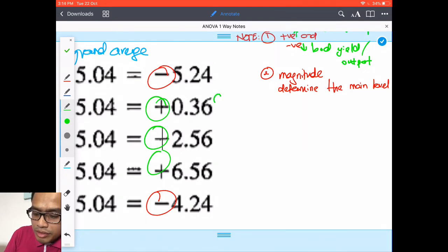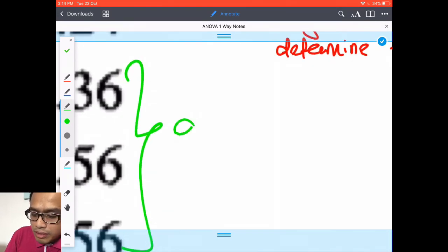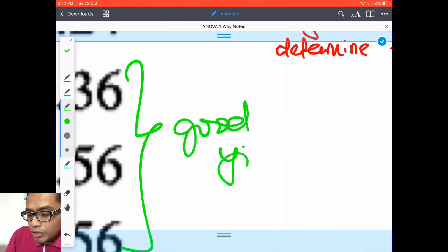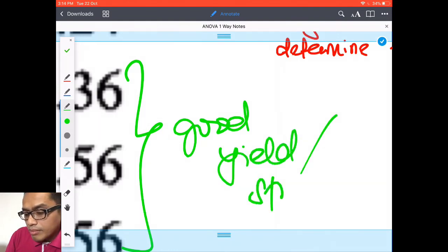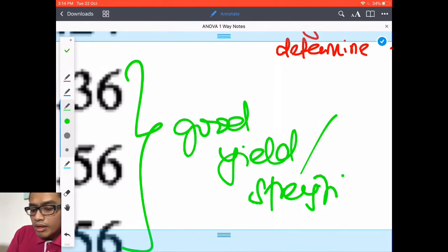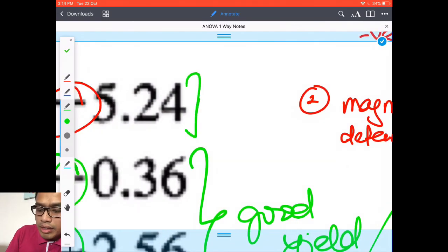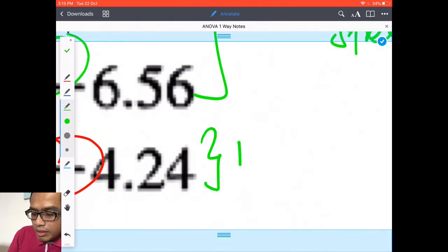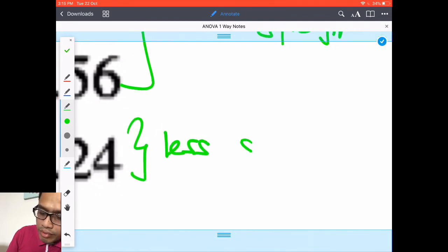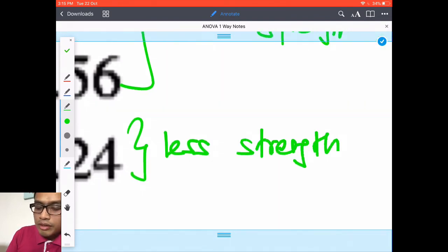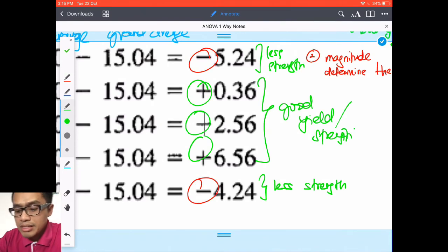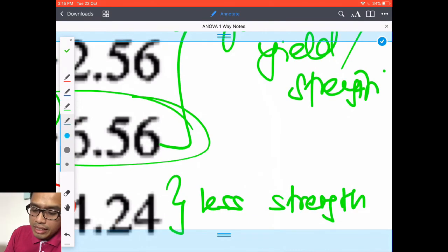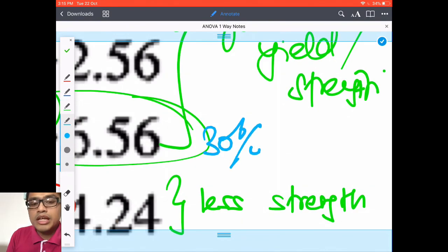That means these 3 will give you good yield, good strength. This one will be less strength, and this one as well. In order for you to choose the best, it will be this number, 30%. 30% will be the best.